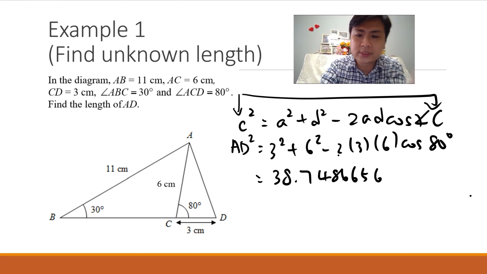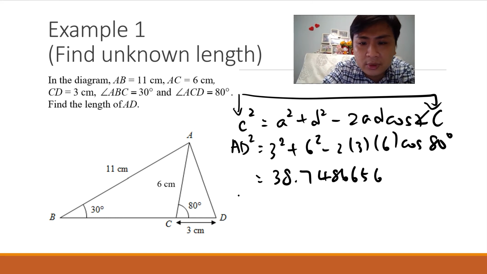For the cosine rule, it's important that we copy down everything from the calculator, because if we just stop at 38.7, we may lose the degree of accuracy for the subsequent values. So it's important that we copy down the whole chain of decimal numbers. Finally, AD will be the square root of the whole thing.